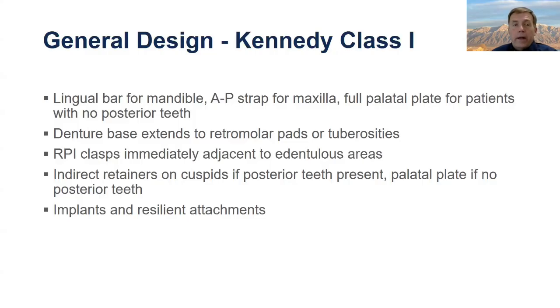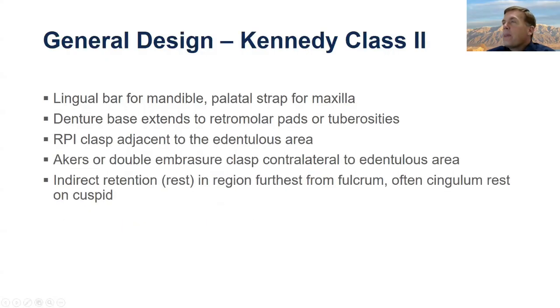Again, you can't always do that, but if you're placing implants anyhow, and let's say you put 2 in to stabilize a double free end case, well, 2 more, and you can do a screw retained or snap retained restoration for your patient. So beginning with the end in mind can be helpful on these cases.